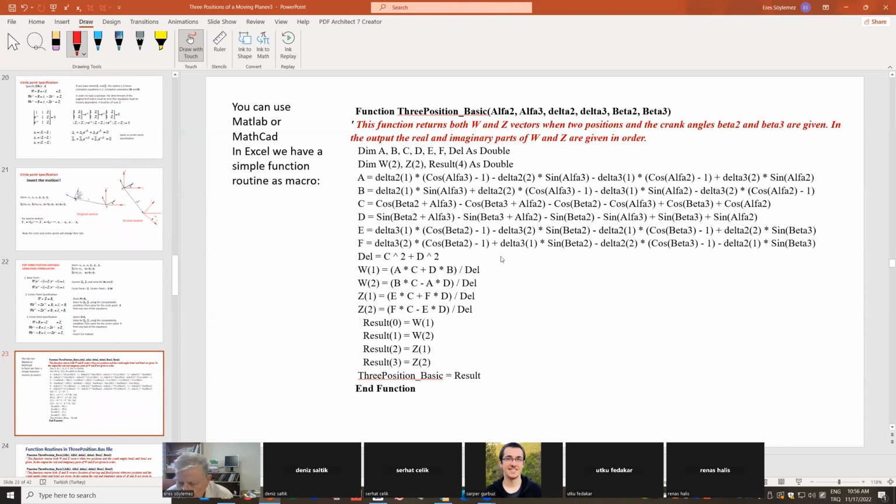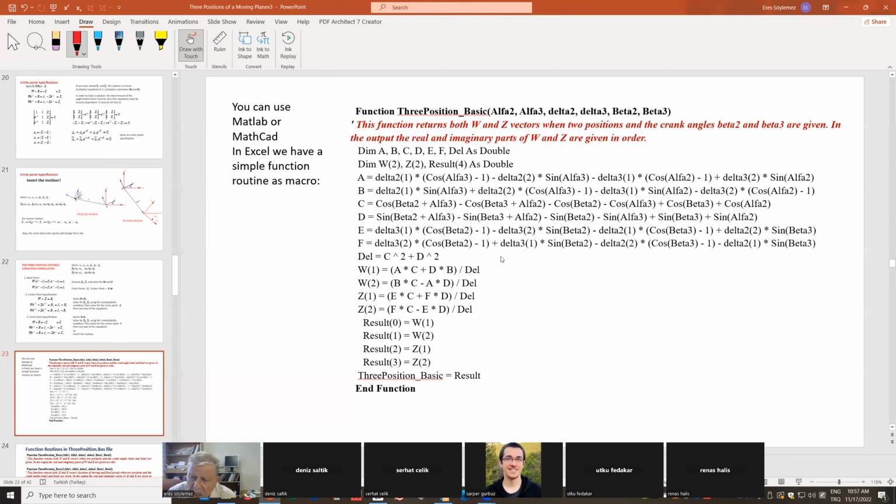Let me repeat, you can solve those equations in MATLAB, MathCAD, whatever you want to use. But in this course, we have function routines in Excel. These function routines are very simple, at most 20 lines.